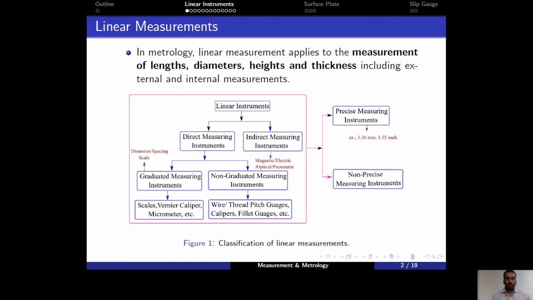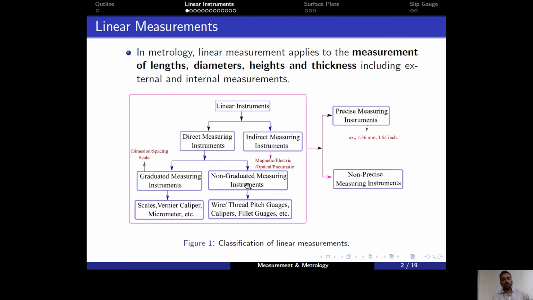Further I have written some examples of graduated measuring instruments. Some of these are scales. Then I have listed vernier caliper and micrometer. There are a few more also, which I'll elaborate in further slides.